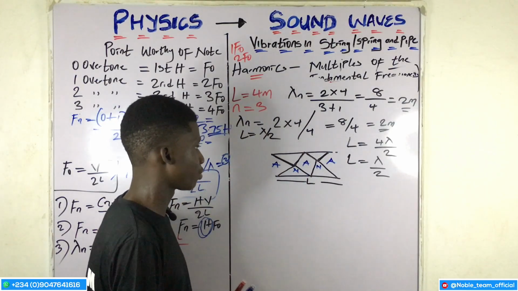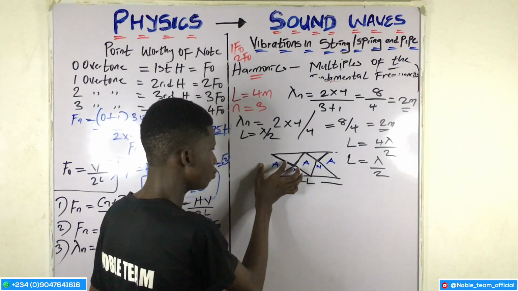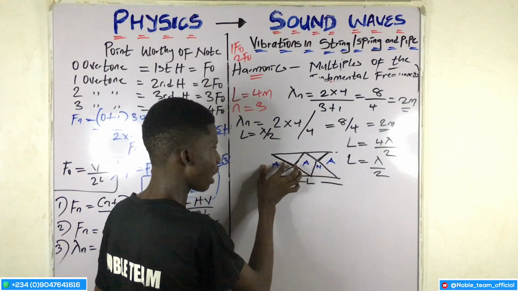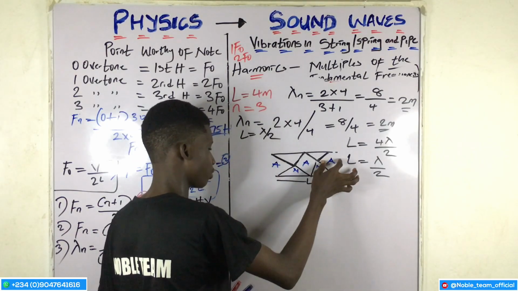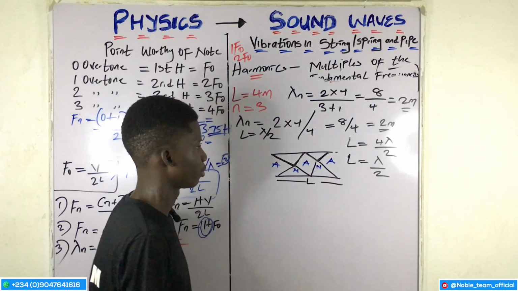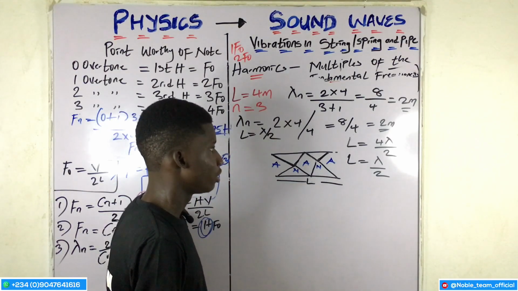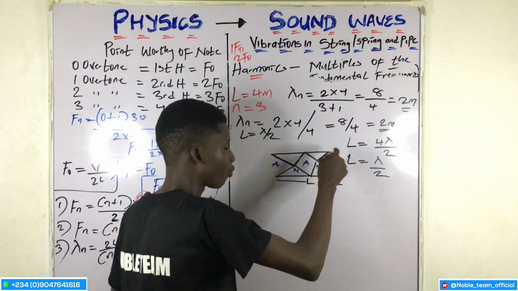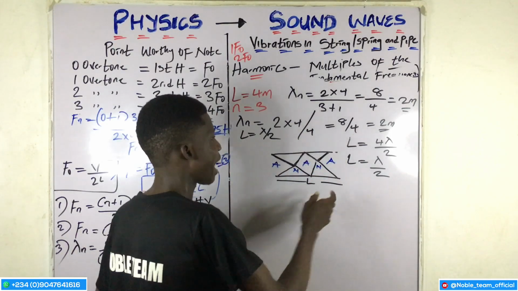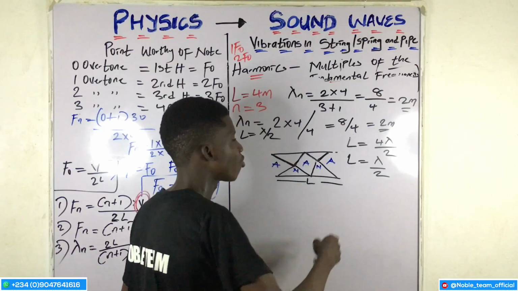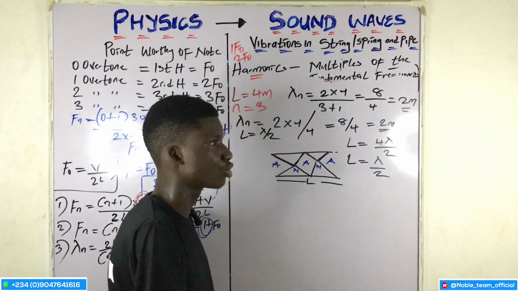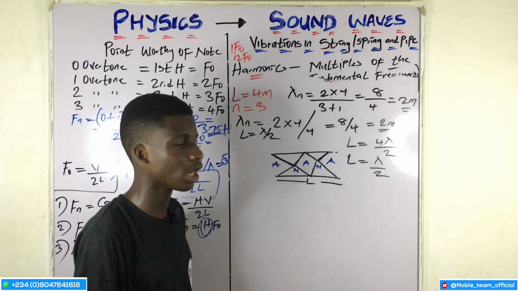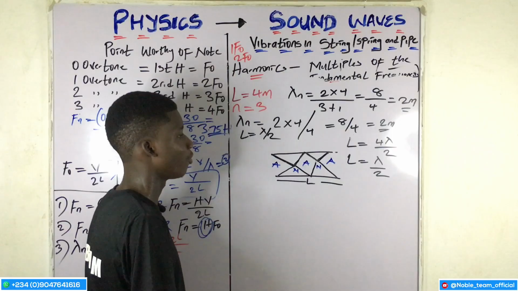Now let me explain something. Antinode, antinode, antinode, antinode. Okay, good. You can get the length easily. You can just do 1, 2, 3, 4 to get it easily. And I say that the length, the number of loops, is equivalent to the number over 2.